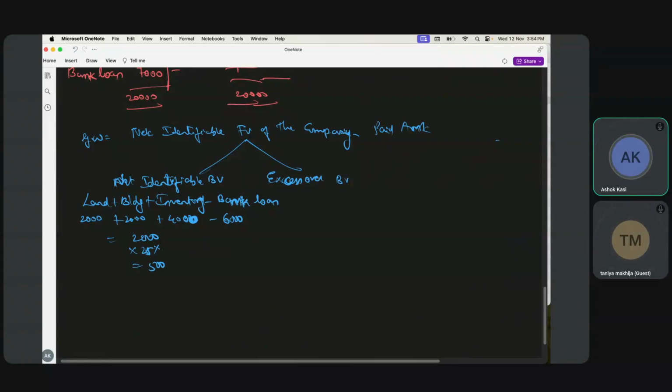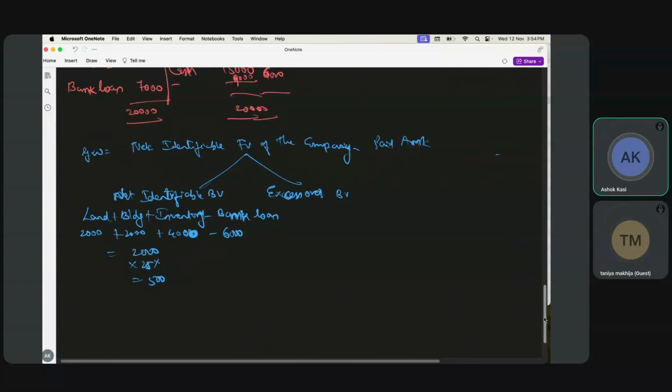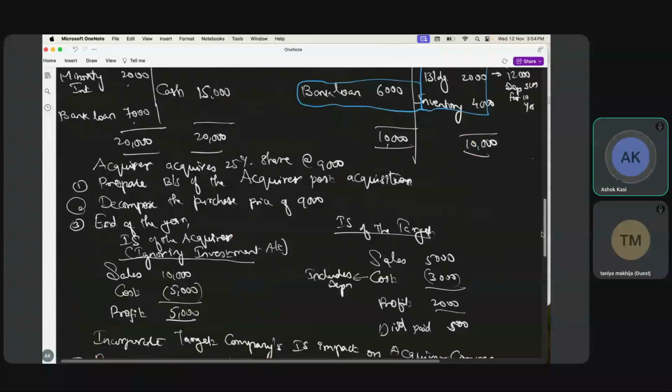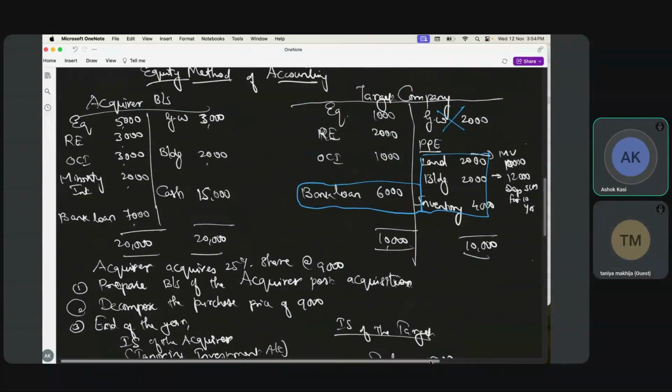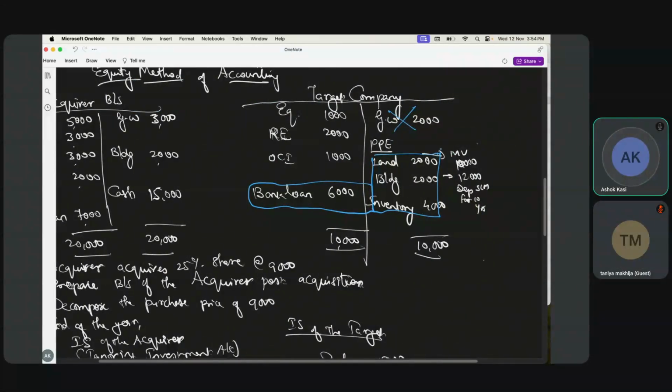Excess over book value means what? We have to see what is the market value of this company. Extra 10,000 here, and here nothing.